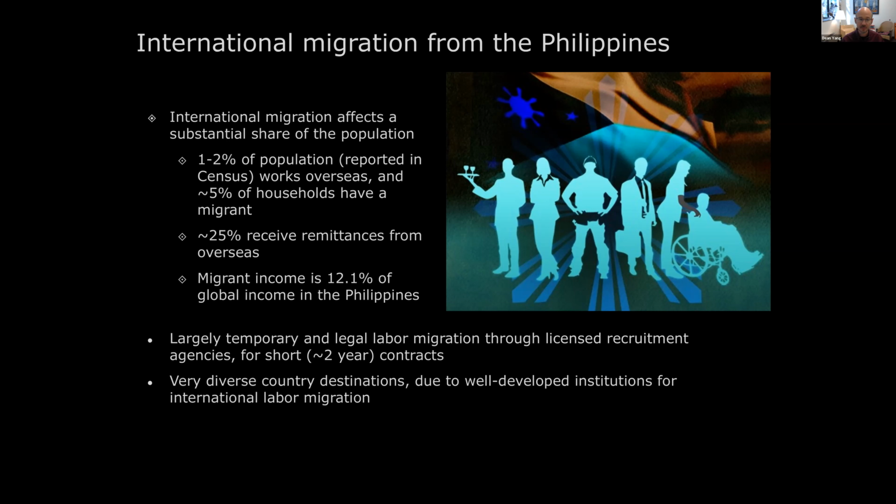So in this sense, the Philippines is very much on the forefront of efforts to promote international labor migration. It is perhaps the country that has gone the farthest on the planet, among developing countries, to facilitate and promote international labor migration of its citizens.